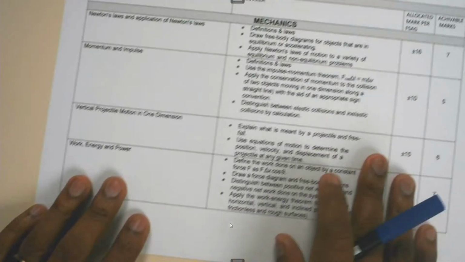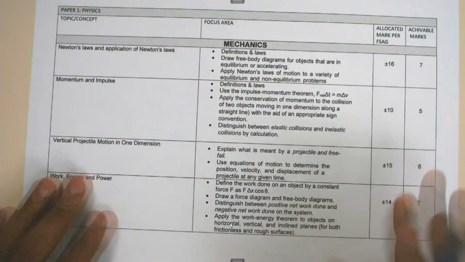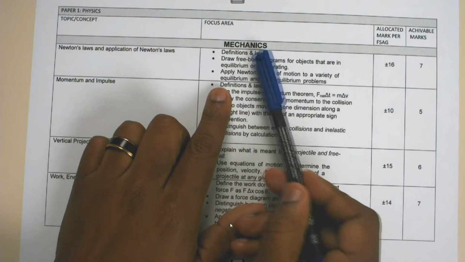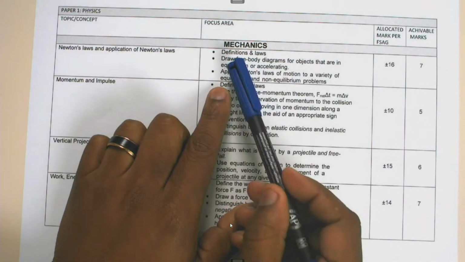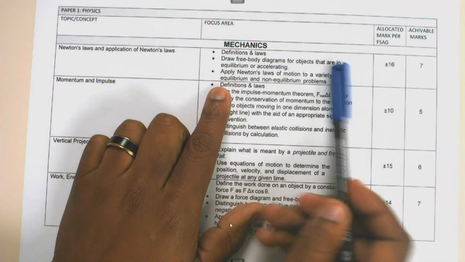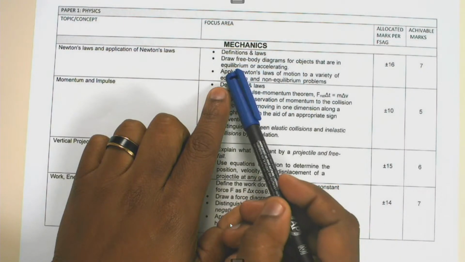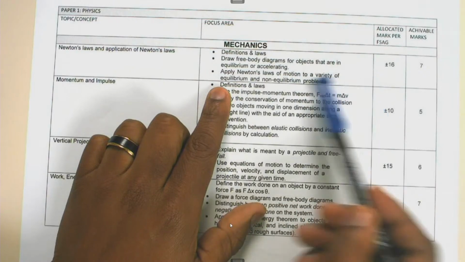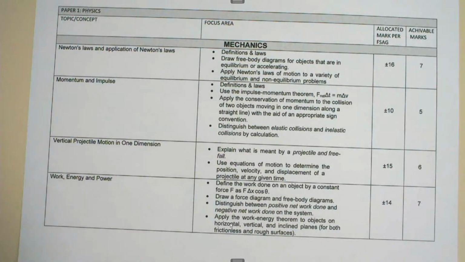So when we check on Newton's laws, it says here we need to be able to define the laws or give definitions, draw a free body diagram for objects that are in equilibrium or accelerating, and thereafter apply Newton's laws of motion to a variety of equilibrium and non-equilibrium problems.